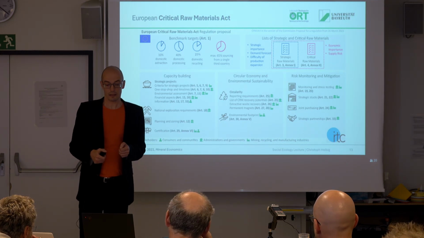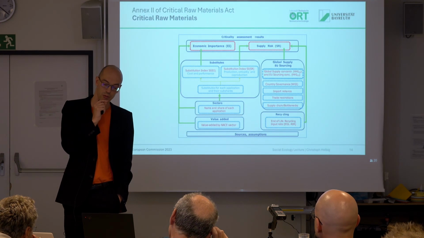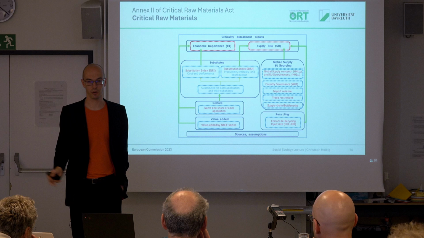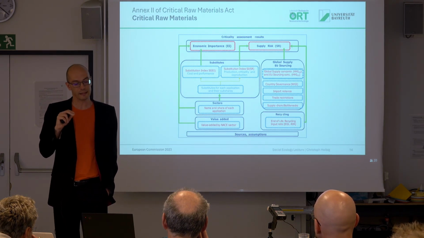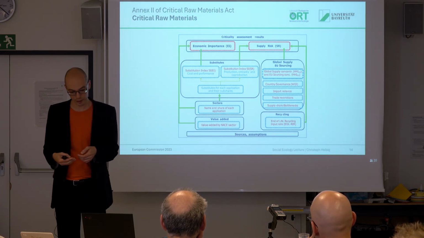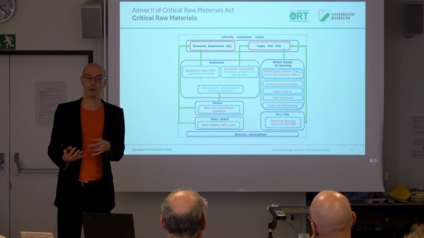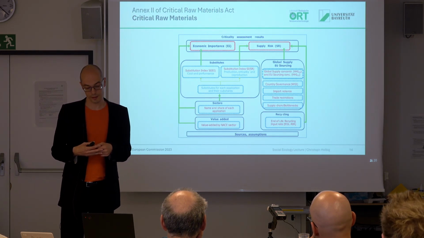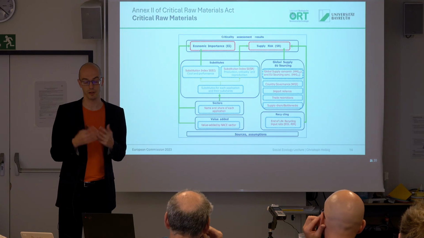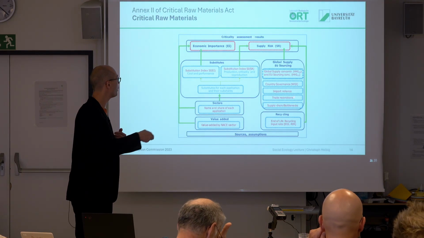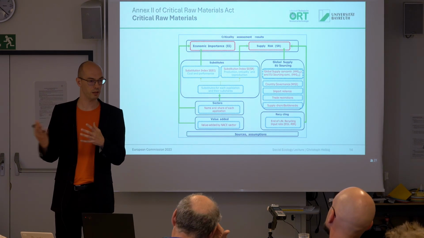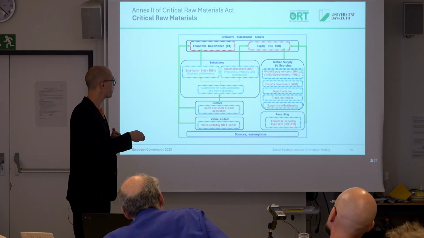So in Annex 2 of the Critical Raw Materials Act, it defines how the EU Commission, and therefore the whole European Union, shall define critical raw materials. And it's this nicely or weirdly looking graph, which combines information on whether materials are substitutable, whether they come from important sectors in the European economy, or rather whether the supply is very concentrated, very often China, but not always, and whether we have some recycling on that.